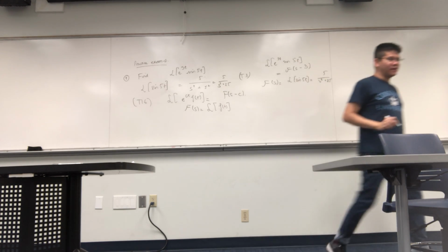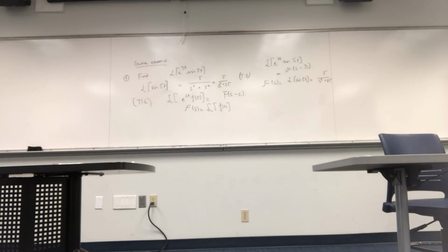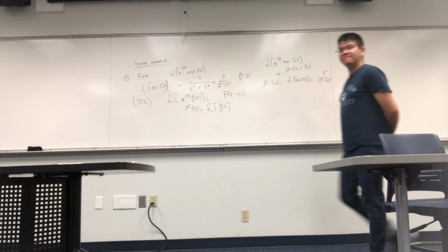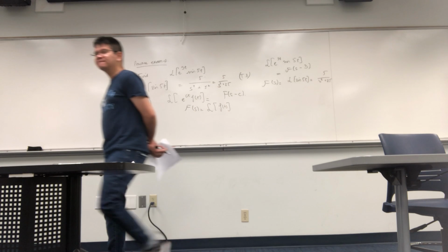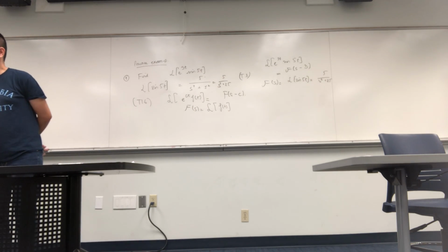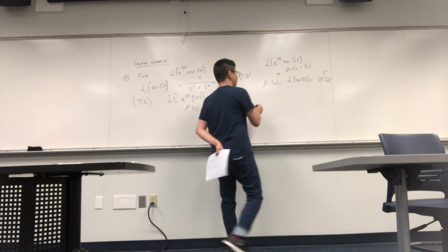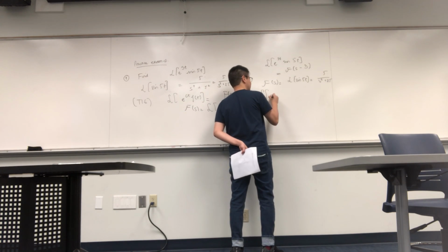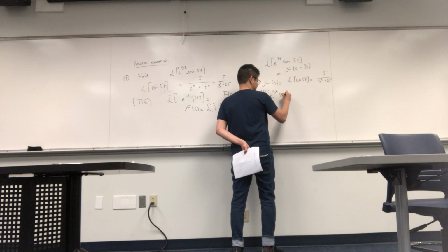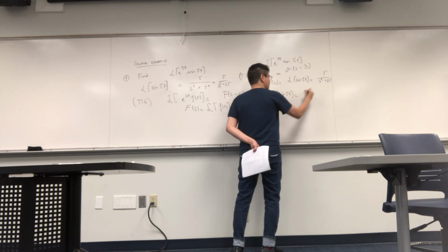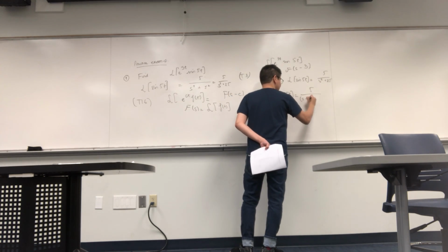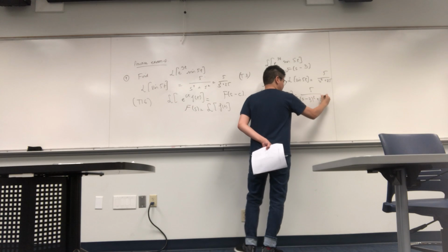Right, so what is the final answer? Yes? 5 over s minus 3 squared. Yes, can you say it at the back of the paper, please? Right, so finally you have what? The Laplace transform of e to the 3t sine of 5t will be 5 over (s minus 3) squared plus 25.